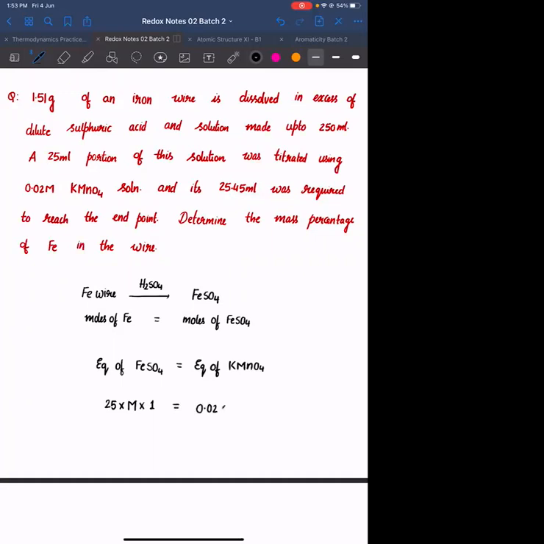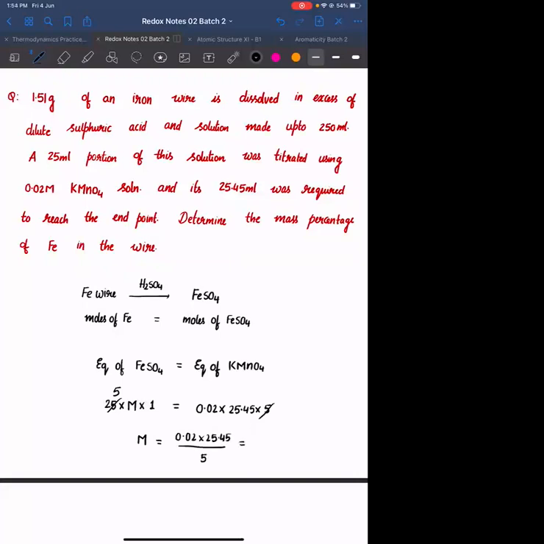The molarity is 0.02, the volume is 25.45, into Z factor 5. So please calculate the molarity. It is 0.02 into 25.45 divided by 5.